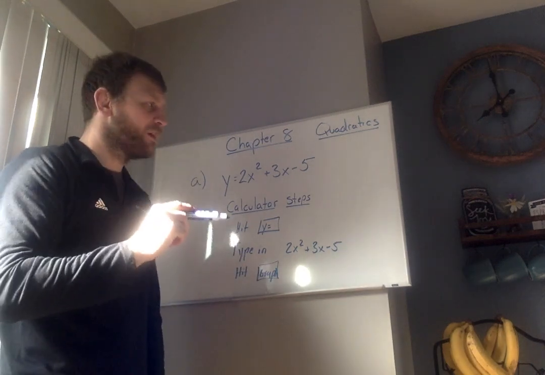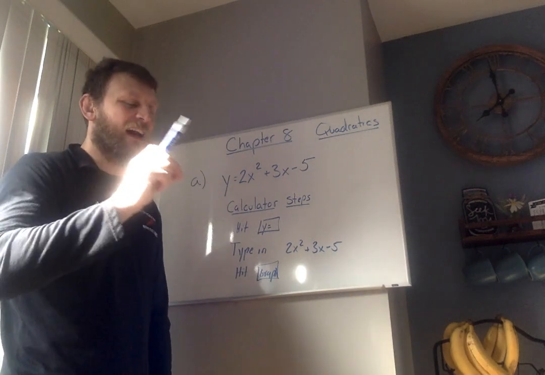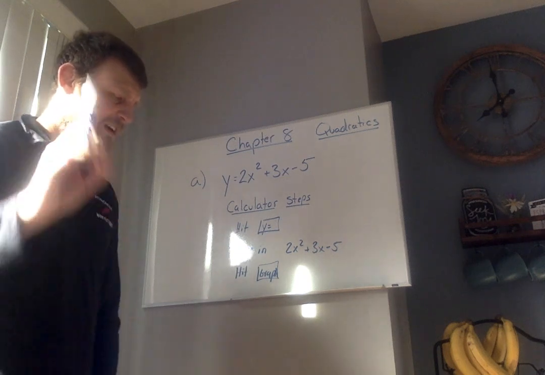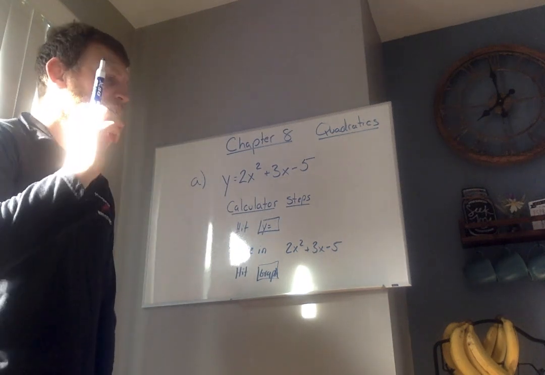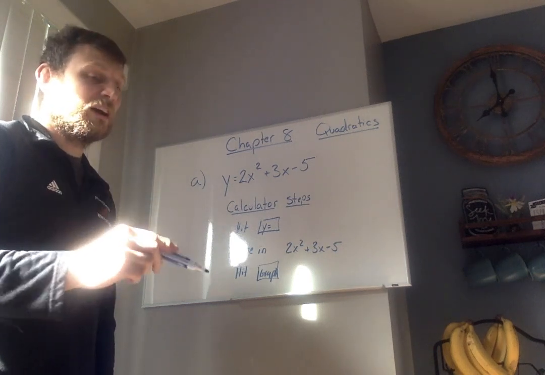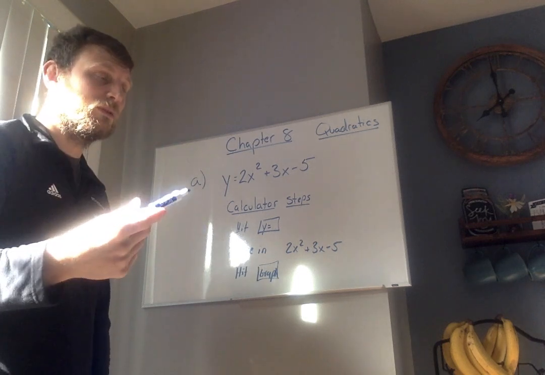What you're going to do is look for where your graph crosses the x-axis. And this is crucial. To solve means to find the x-intercepts, or it means to find the zeros or roots.